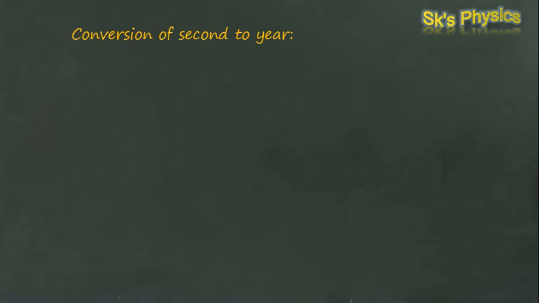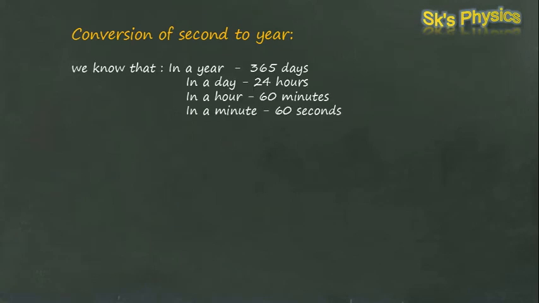Now conversion of second to year. We know that in a year there are 365 days, in a day 24 hours, in an hour 60 minutes, and in a minute there are 60 seconds. Now we want the conversion of second to year.